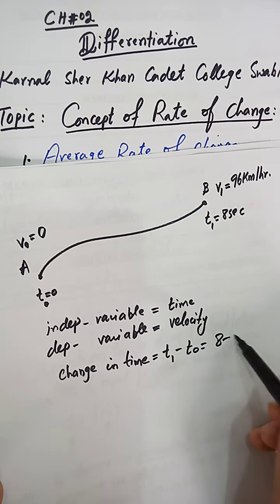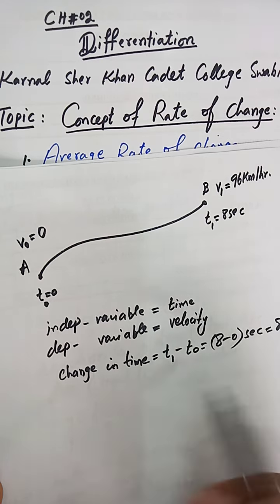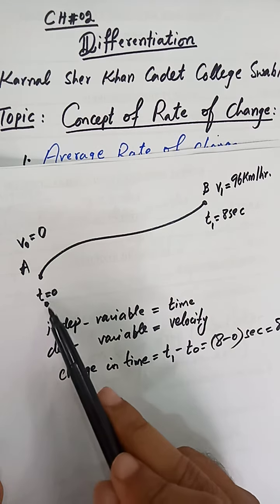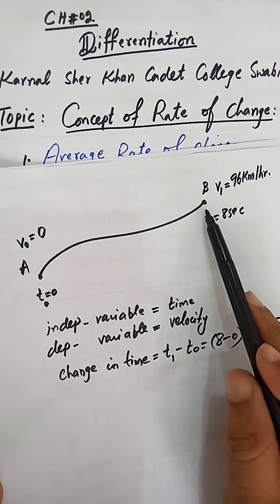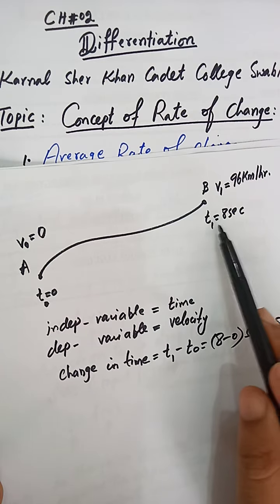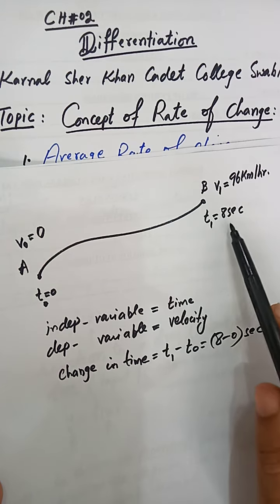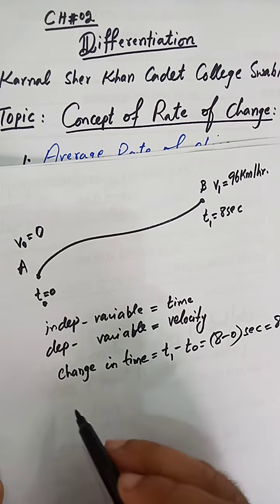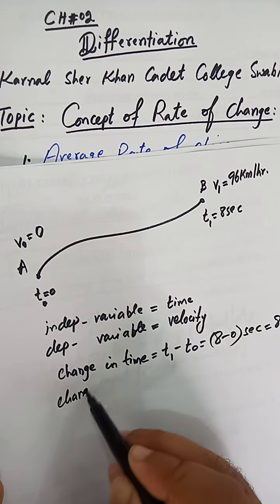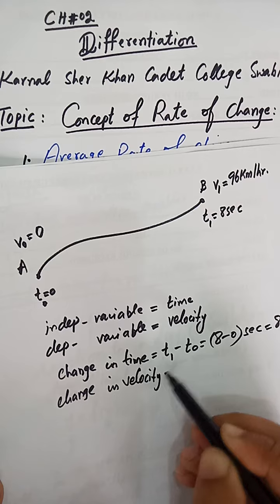So that is 8 minus 0 seconds, which is equal to 8 seconds, because it starts from the rest position, where time is 0, and the time the car reaches point B is 8 seconds. So that is the change in time.